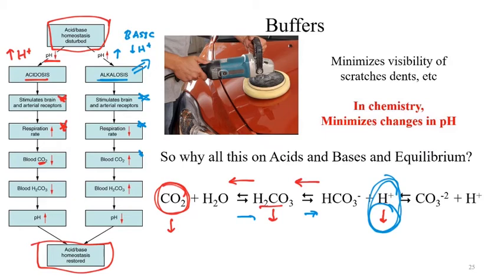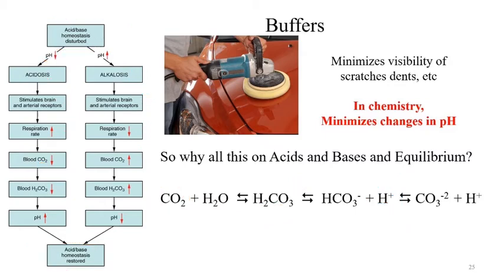Okay? Can we overwhelm the buffer? Absolutely. And that's typically when one of those systems in this process fails. Okay? And this is vastly simplified. But if one of those systems falls apart and stops functioning appropriately, our body can't maintain the pH appropriately, and that's where our blood effectively starts dissolving all of the biological material it comes in contact with, which would ultimately mean, well, death.